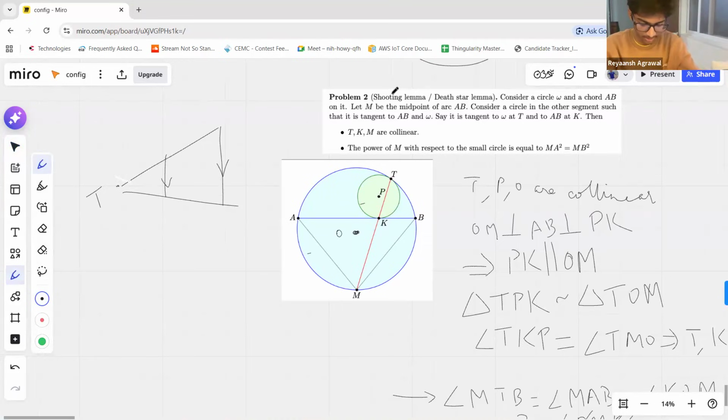But PK is perpendicular to AB and OM is also perpendicular to AB. So PK is parallel to OM, which means that since K lies on the circle, PK will be mapped to OM, and so K will be mapped to M. Is that fine? Yes. So since the homothety maps K to M, we get T, K and M are collinear.